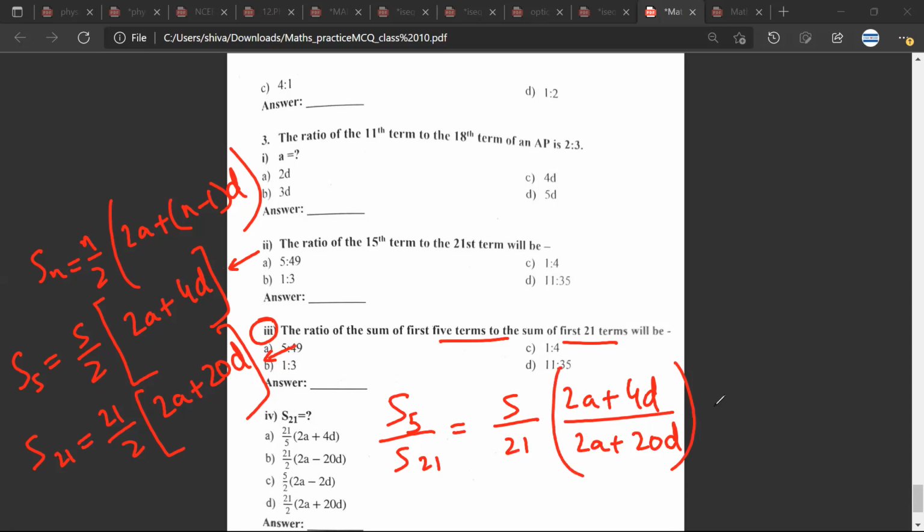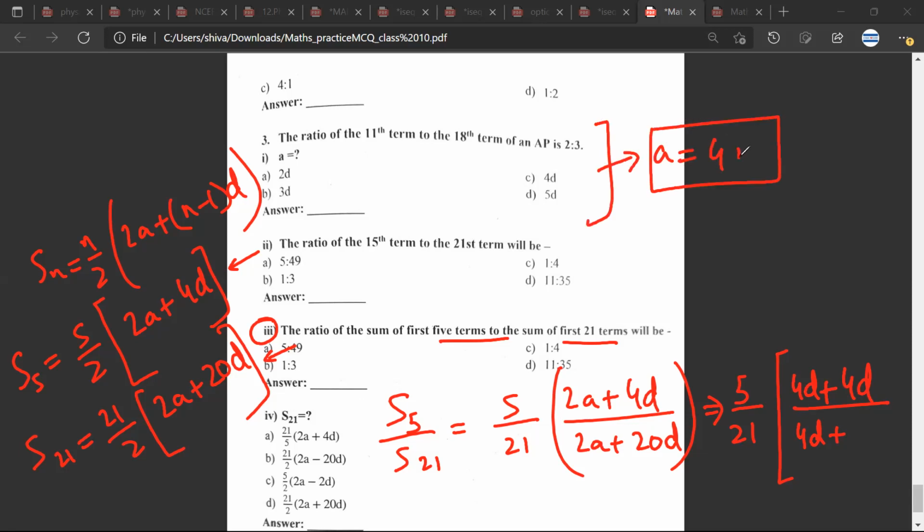Now the value of a is equal to... So this would be 2 into 4d. So 2 into a would be 2 into 4d. This would be 8d. What was the value of a? A is equal to 4d. Yes, sir. So here we'll have this to be 8d. Am I correct?